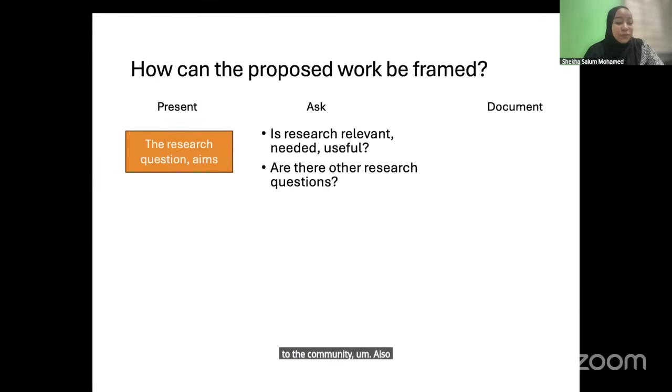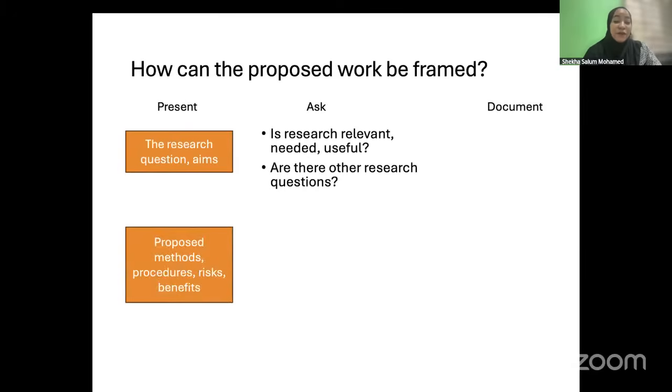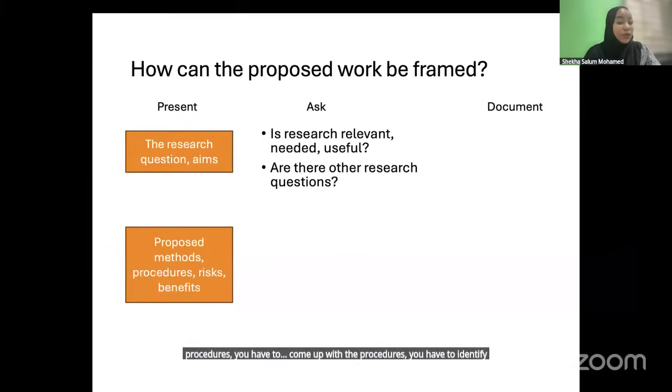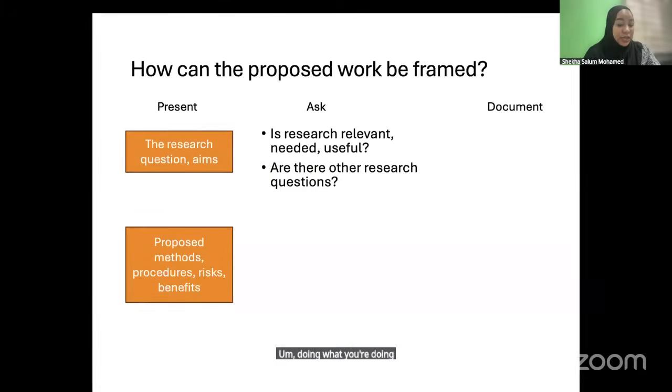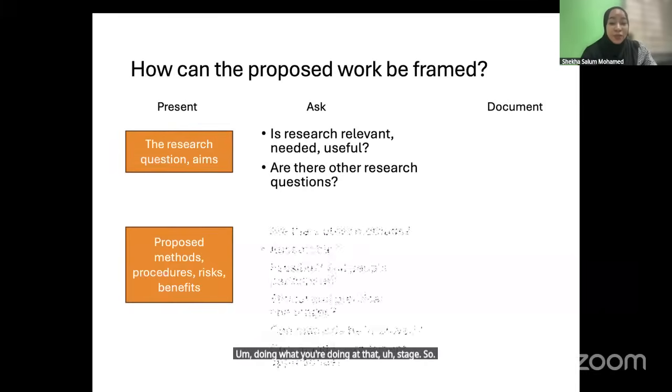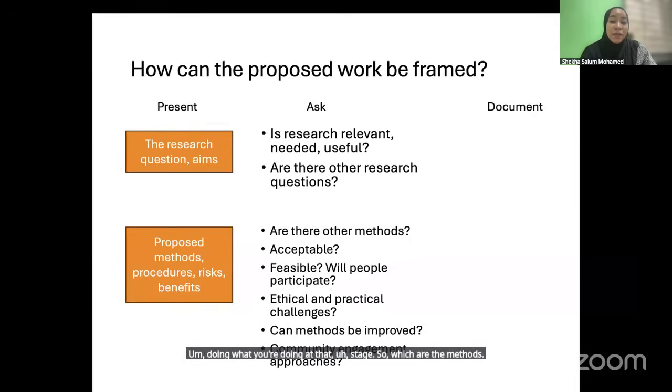Also, on presenting the proposed methods and procedures, you have to come up with the procedures, identify the risks, and outline the benefits of doing what you're doing at that stage. Which other methods can complement what you're doing? Are they acceptable?